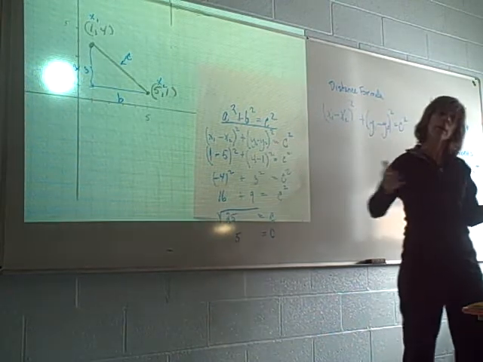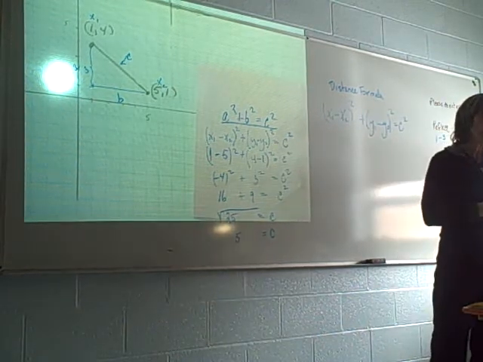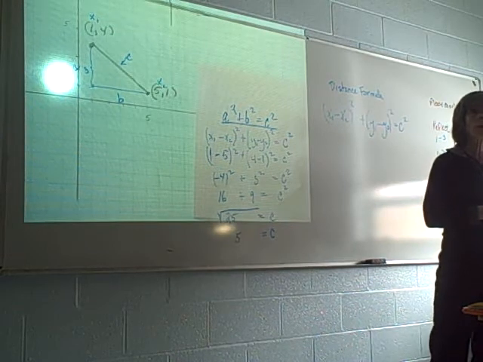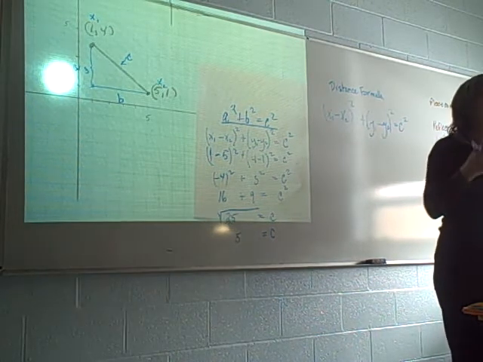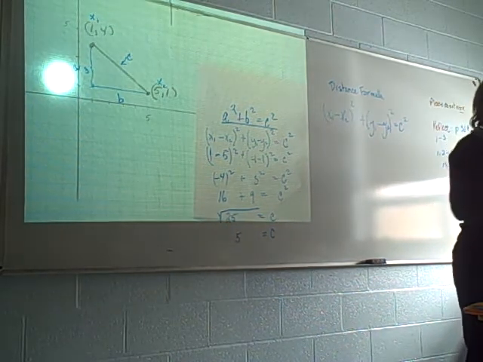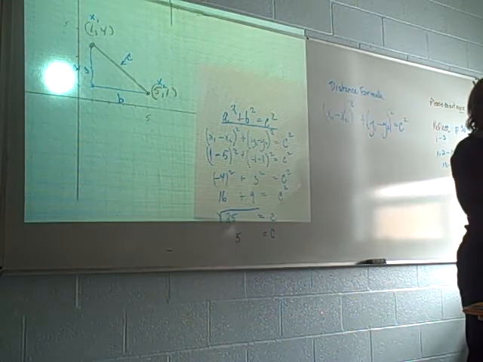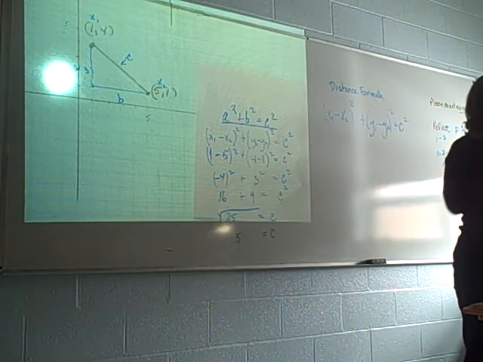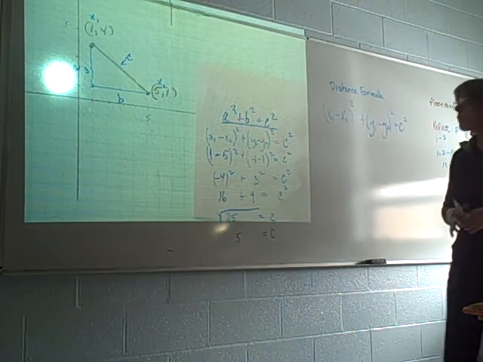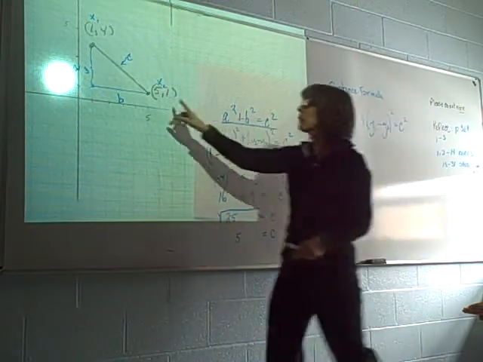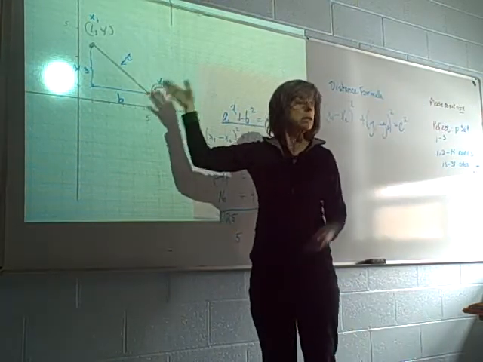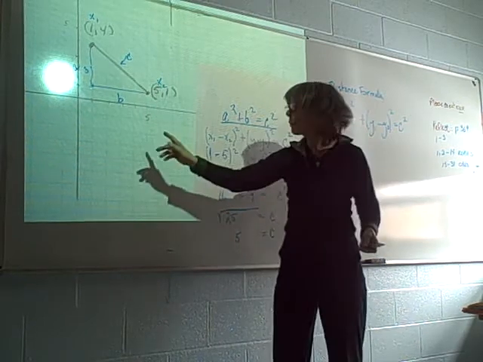Now you should be able to figure this out. I didn't ask you to figure out how we got the quadratic formula because you really had to jump through a whole lot of hoops to get there, right? You had to complete the square, you had to move things around, take the square root of things, etc. But this is pretty straightforward. All you're doing is taking the difference of the x's.